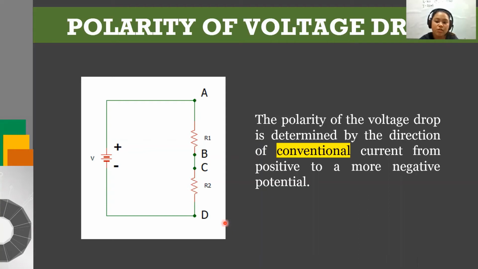So the point nearer to the positive terminal of the voltage source is more positive, while the point nearer to the negative terminal of the applied voltage is more negative. So to draw the positive and negative in each resistor, the conventional current again is from the positive to negative. So here we have more negative, so that will be positive, and then negative, and then positive and negative.